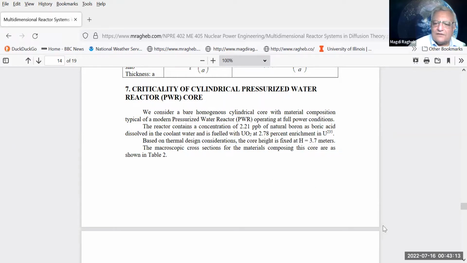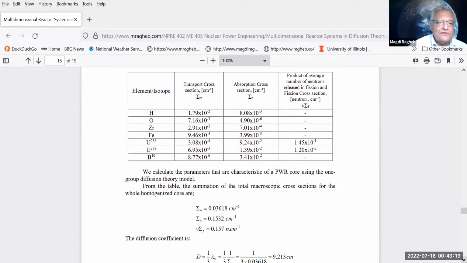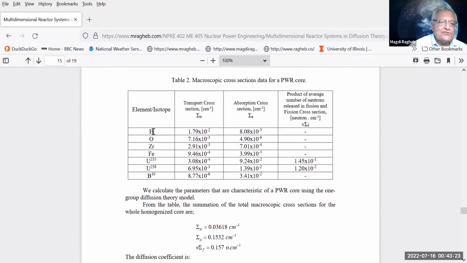And in that case, we have to consider all the material compositions in the reactor. That's again, an actual reactor. The composition is H2O. The transport cross-section is given here in centimeter minus 1 for the hydrogen, the oxygen. It has cladding that's formed out of zirconium. It's a macroscopic cross-section here, as well as the absorption cross-section.